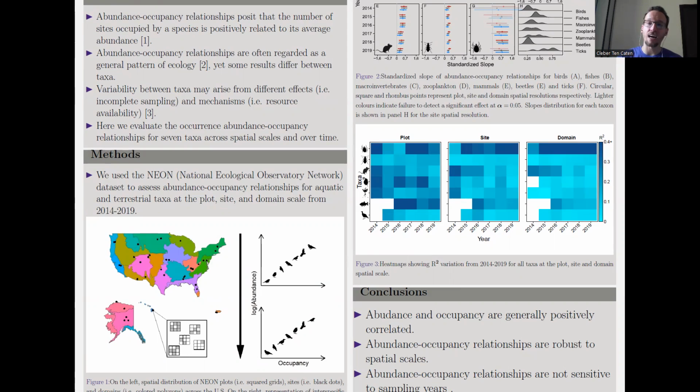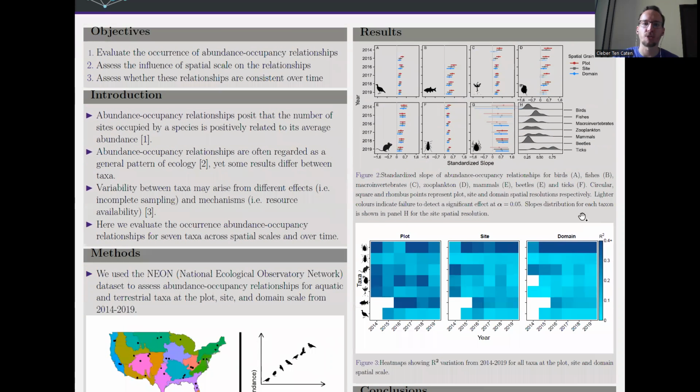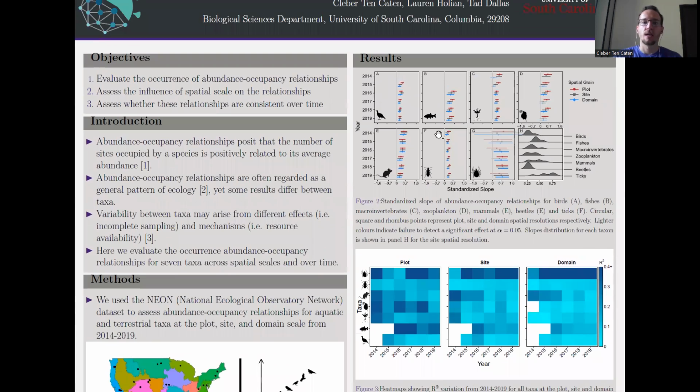In our linear mixed effect model, as we can also see in Figure 2, we observed that these relationships tend to be spatially consistent, which means that the strength of the abundance-occupancy relationships was not different across the different spatial scales.